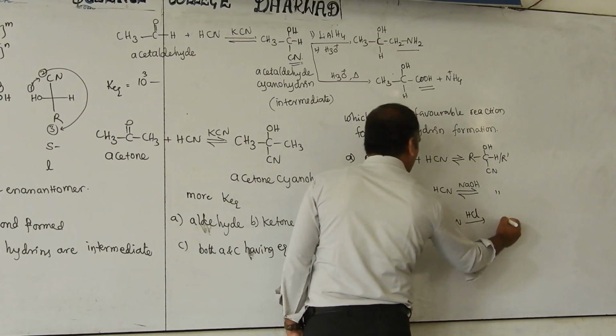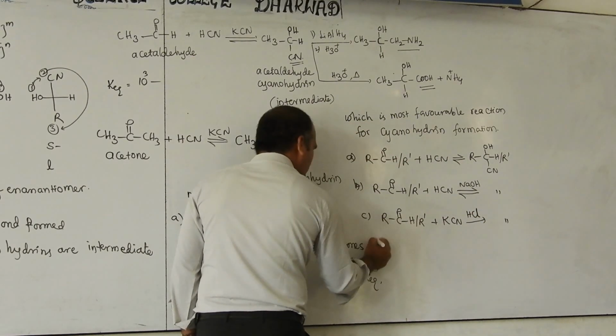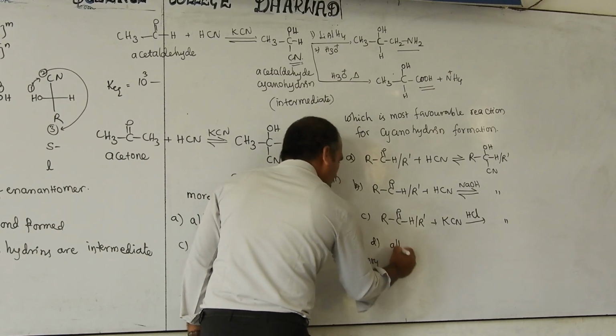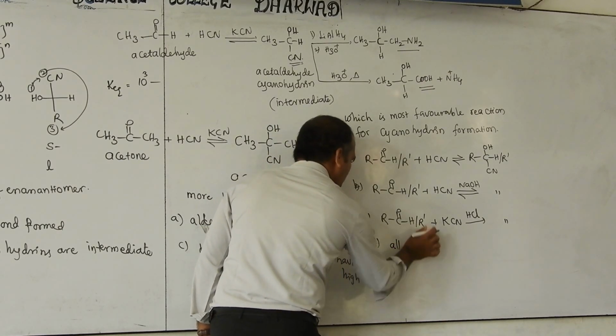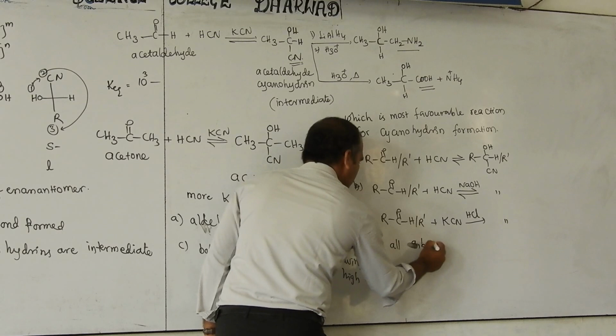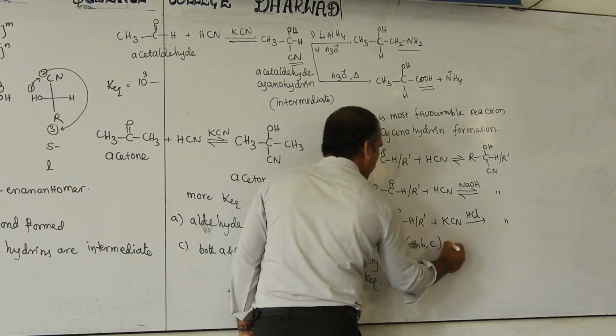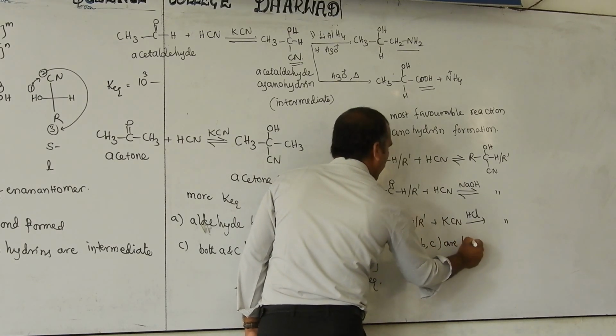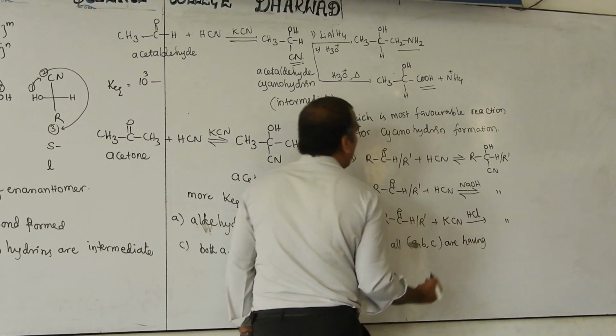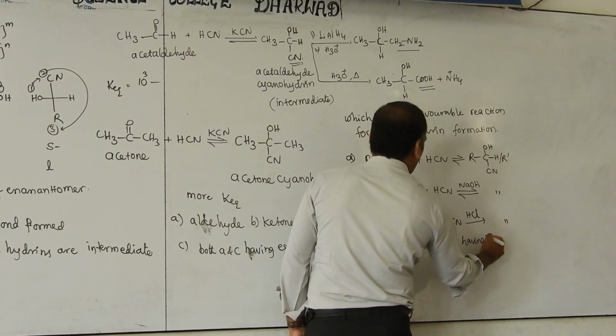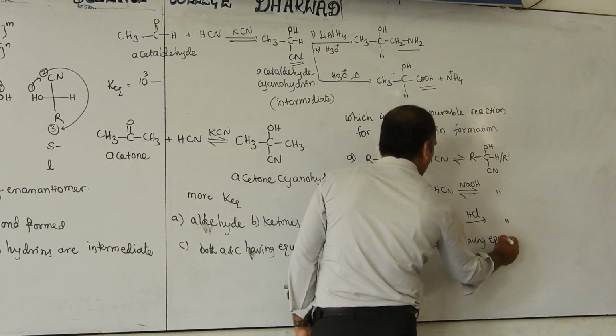If you take acid, then the same product forms. D, all. It means A, B, C options all are equally favorable.